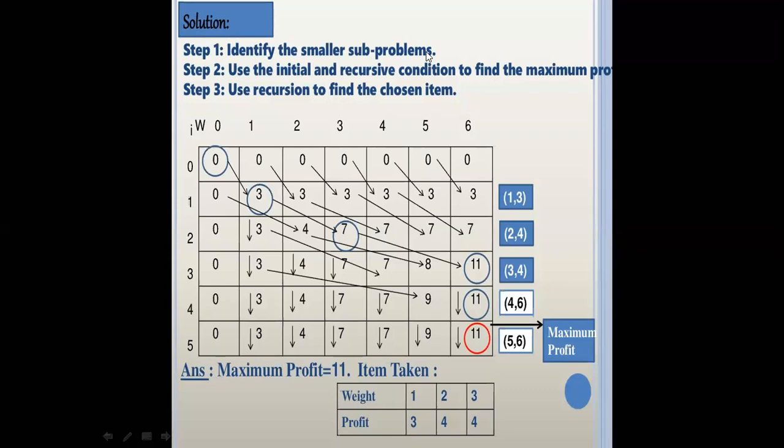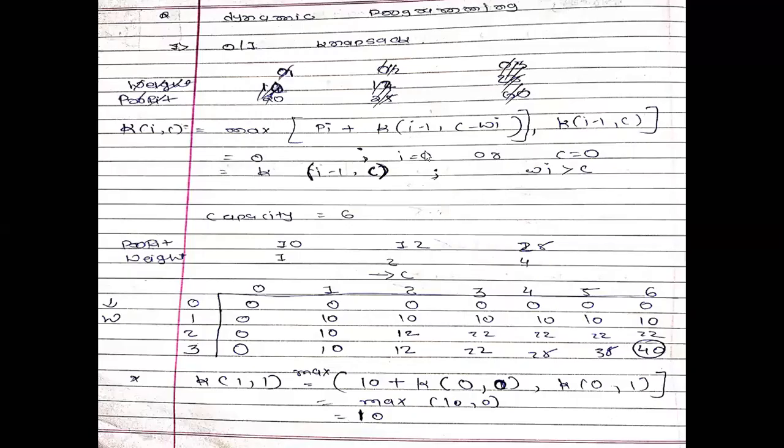Now let's try to understand how 0 1 knapsack works. This is the problem you are given. The capacity is 6, so your bag's capacity is 6 kilogram; you can put 6 kilogram weight in your bag.